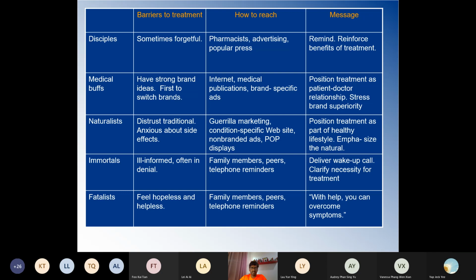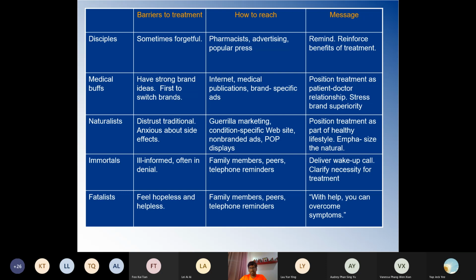So they have strong brand ideas, and they will be the first ones to switch brands. And the way to reach them is internet, medical publications, brand specific ads. This is the best way to reach the opinion leaders in pharmaceutical marketing. So position treatment as a patient-doctor relationship, stress brand superiority so that you can reach them.